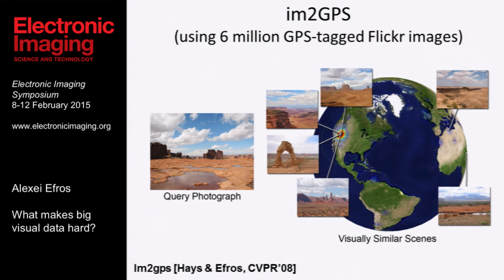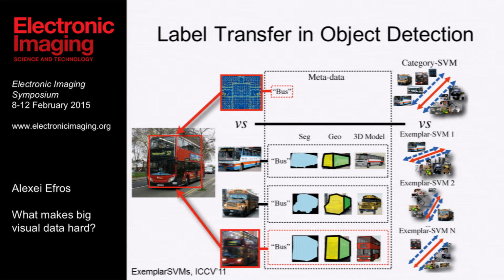And the data, again, starts to whisper. We did a couple of works on doing this label transfer in the context of object detection. You've got a classic object detector. Let's say you want to find buses in images. It basically finds your bounding box and says, okay, there's a bus, right? And we wanted to do something a little bit more.